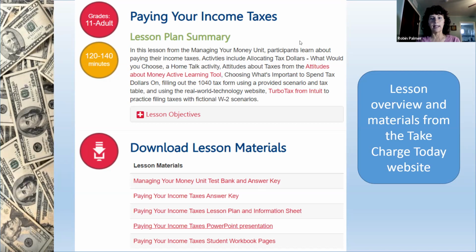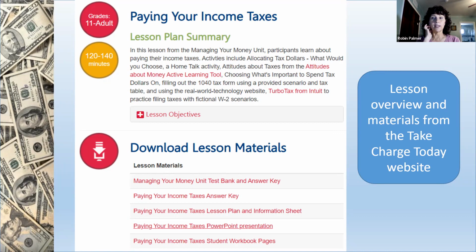So we always create a test bank with questions. We have a lesson plan, which is for you, and an information sheet for the students to use if you want to print out something for them. We've got a PowerPoint that goes with each of the lessons that you can download and customize any way you want. So if you want to add slides or take things out, you can.